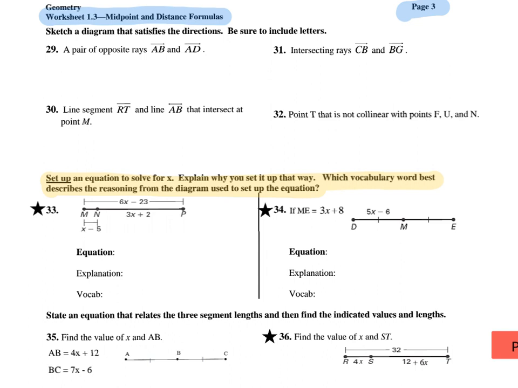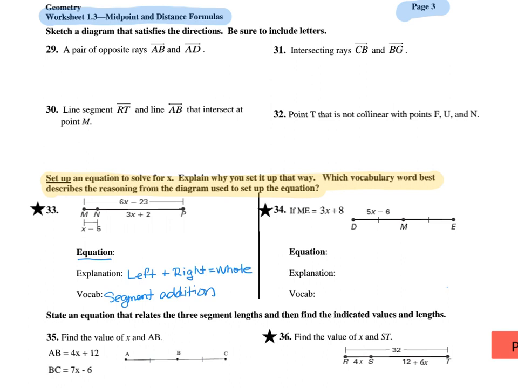What that means is that we are going to be using segment addition. That means we're going to take the left part plus the right part and equal it to the whole thing.